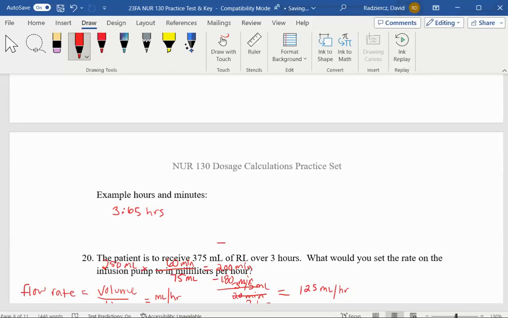So we know that we have 3 hours that have elapsed, but we need to figure out how to calculate minutes out of that 0.65 hours.